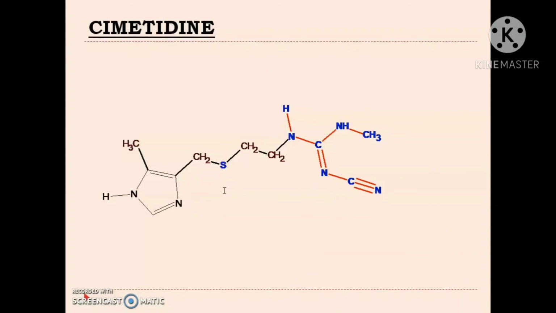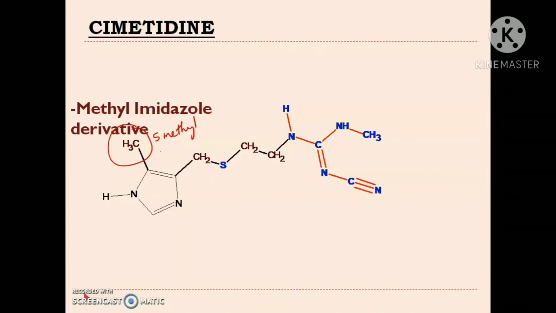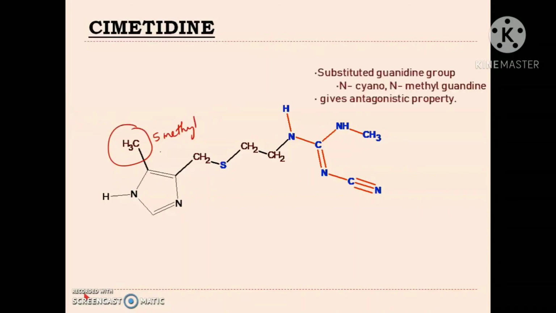Now we'll see the first H2 receptor antagonist, cimetidine. You can see that cimetidine is a 5-methyl imidazole derivative. The terminal nitrogen atom is part of a substituted guanidine group. The 2 nitrogen atoms of the guanidine group are substituted with a cyano group and an N-methyl group.